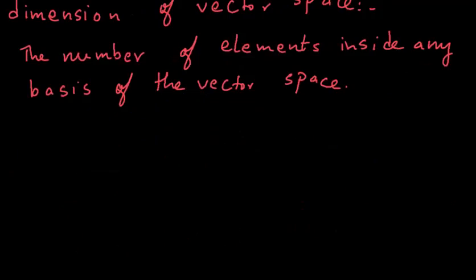Okay, let's say we have a vector space V. Let's say the dimension of V is n, and there are two things that we need to know.